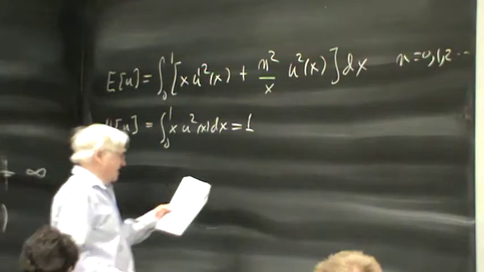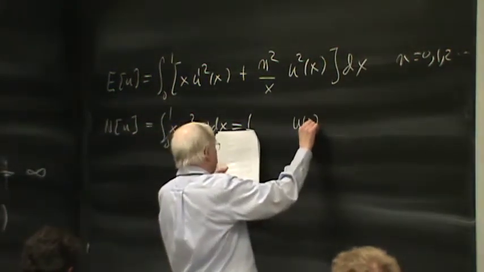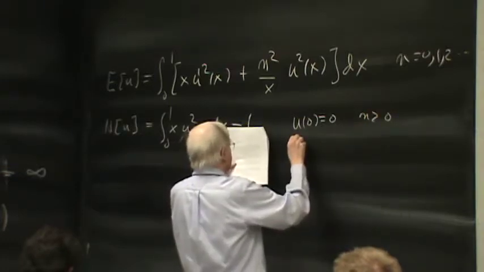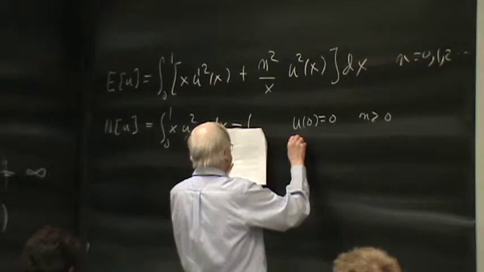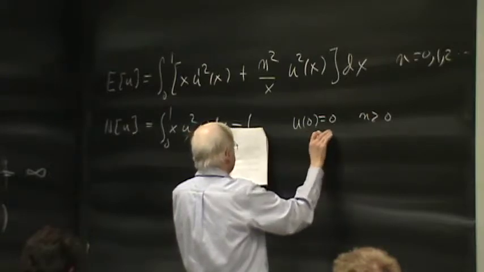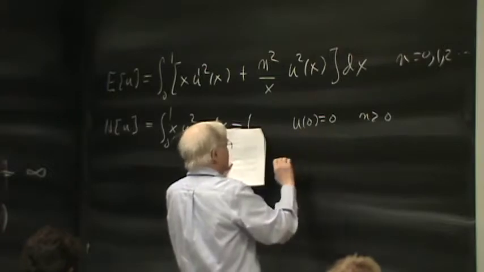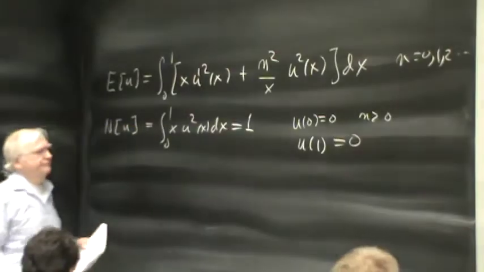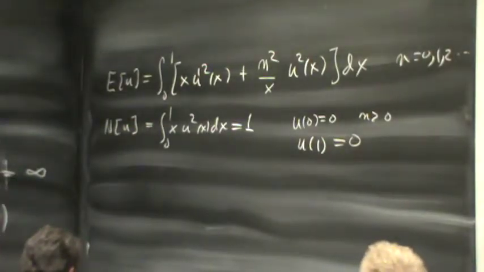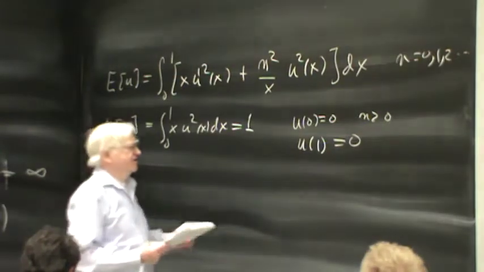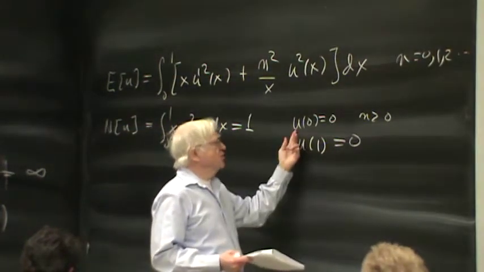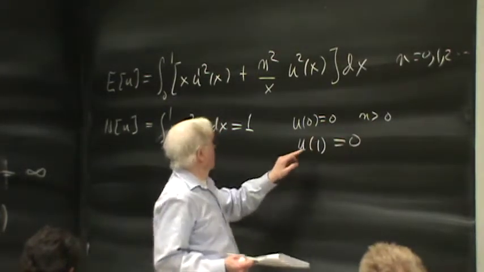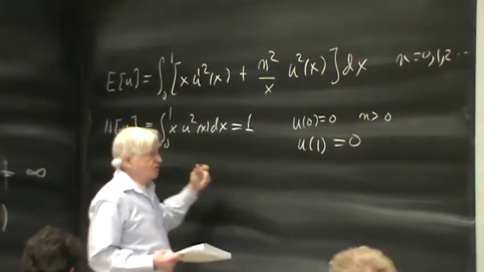And they satisfy boundary conditions. The boundary conditions are u of 0 is 0 for n greater than 0, and u at 1, because we're interested in the interval 0 to 1, u of 1 vanishes.